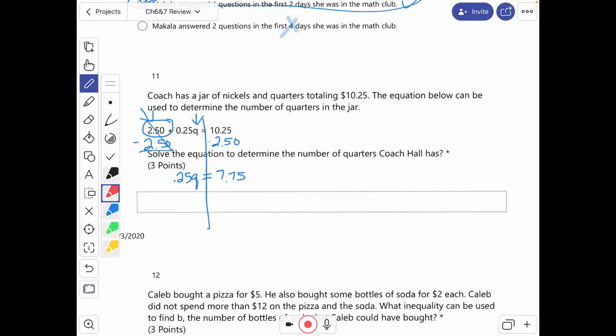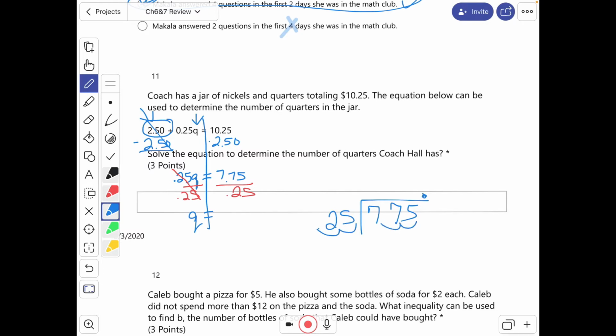The next step is to get the Q alone. So the opposite of multiplying by 25 cents is dividing by 25 cents. And we do it on both sides. On the left side, it'll cancel, and Q will be by itself. Equal sign straight down. And then 7.75 divided by 0.25.